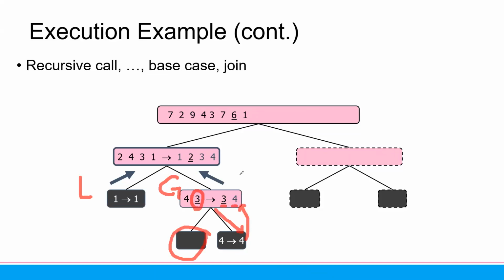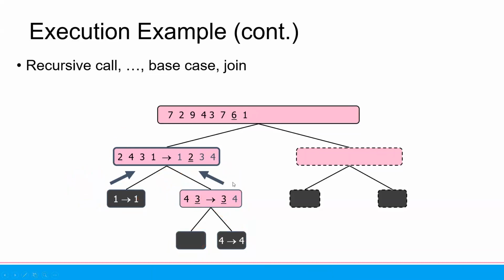And then we have the G. We want to combine the L and G. So we have 1, and then we have 3 and 4, and we combine it with the pivot that we used before. So in this case, the pivot is the E. So L, and then combine with E, and then G.